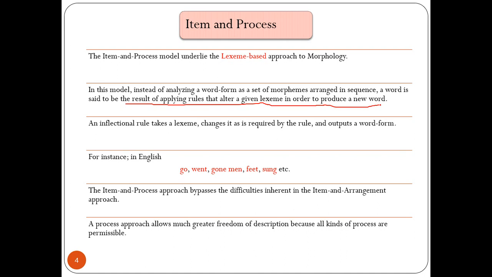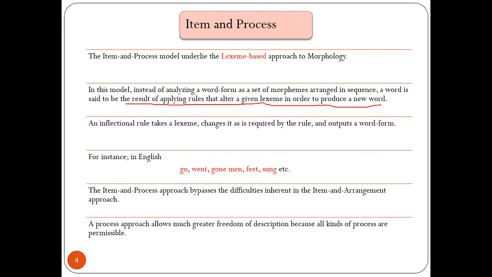It tells us the result of the application of rules that have brought some changes to a given lexeme, and that's why we get a new word, or a new lexeme.